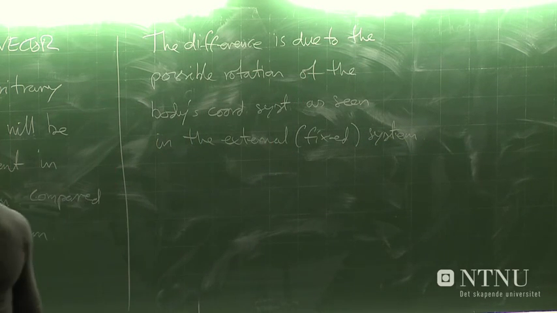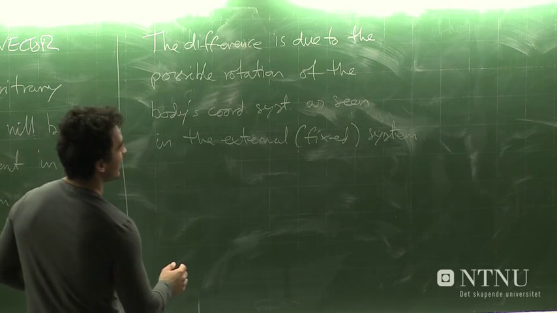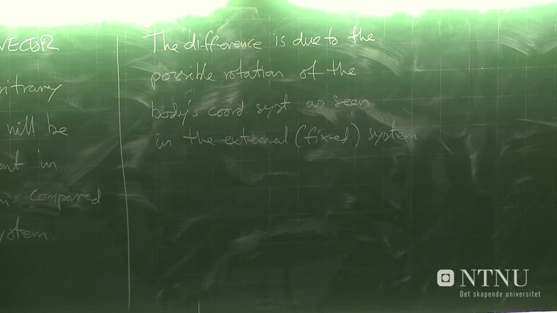And the difference is due to the possible rotation of the body's coordinate system as seen in the external or fixed coordinate system. So one way to see this clearly is to consider a vector which in the body's coordinate system is fixed.